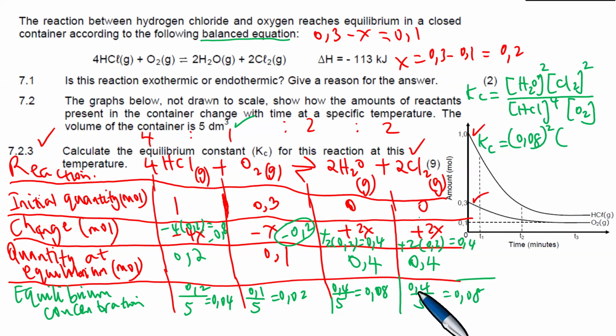And then the Cl2, 0.08, you square this. And then the HCl, it's here, 0.04 to the 4th power. Oxygen, 0.02. Okay, this one is a good question.